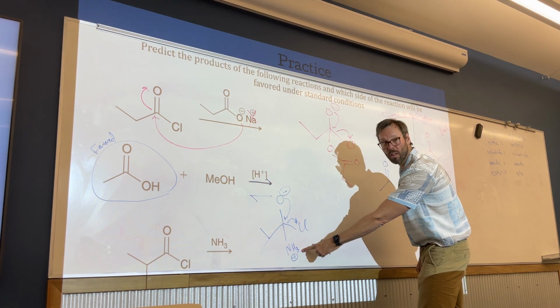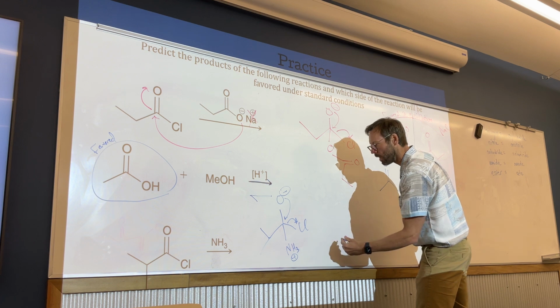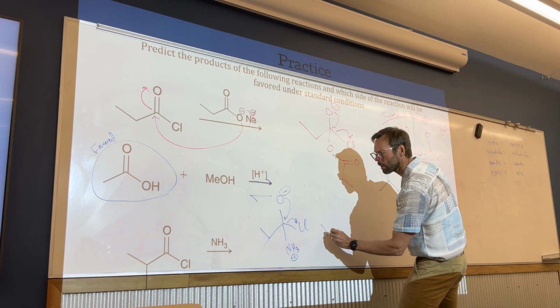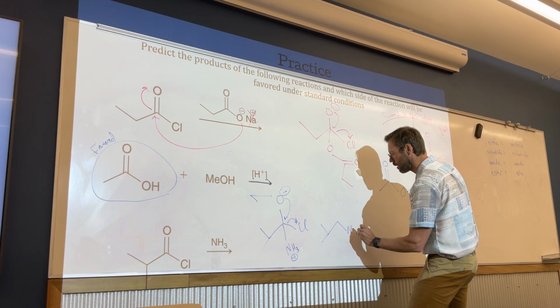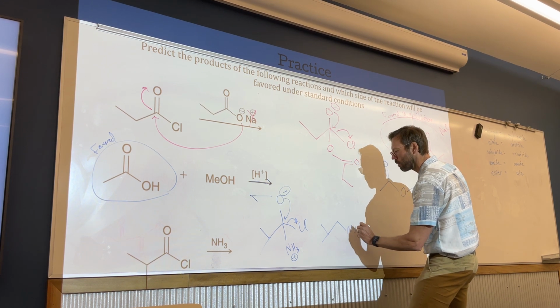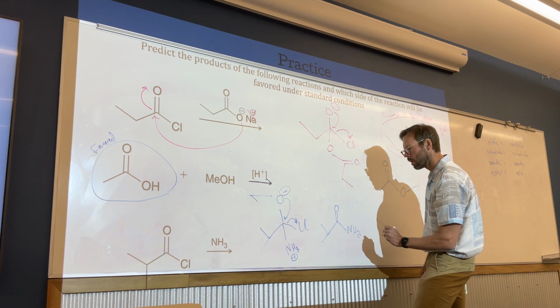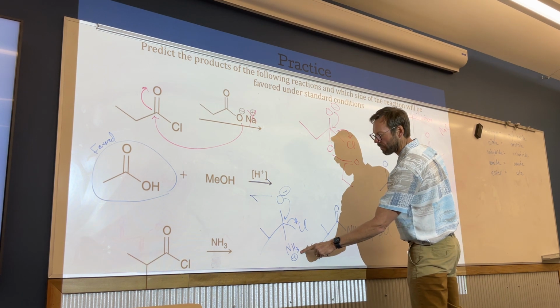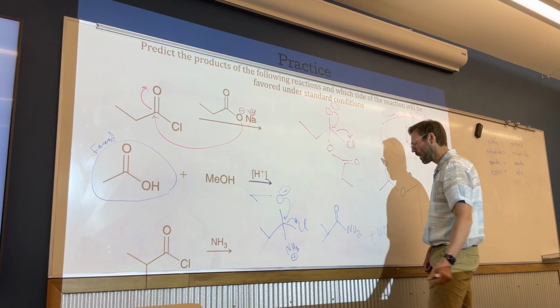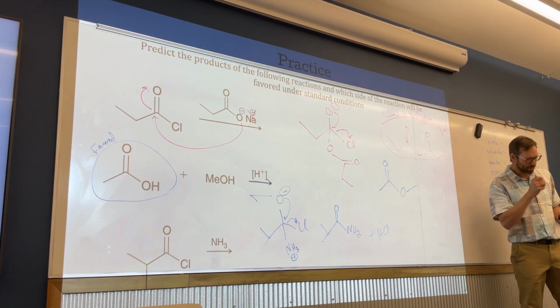We're going to kick off one of these hydrogens, and then we end up with NH2, HCl. Hydrogen comes off here, chlorine comes off here, and now we have hydrochloric acid.